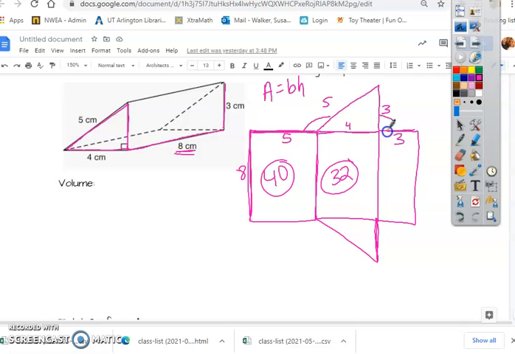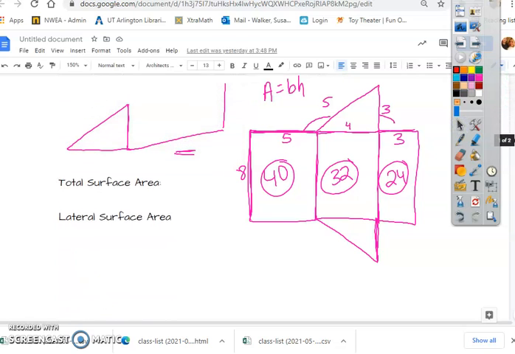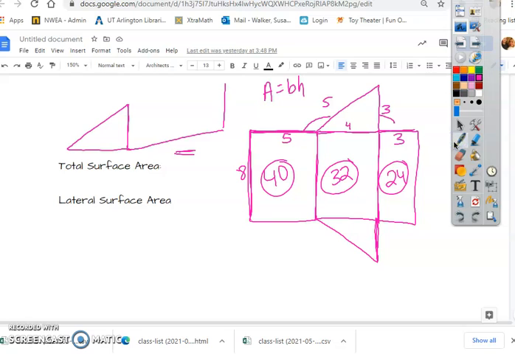And then this one is 3 times 8, which is 24. Okay? I know this is going to look funny to y'all, but it makes sense to me here. So for the lateral surface area, we add 40 plus 32 plus 24, so 96. So 96 centimeters squared is the lateral surface area, okay?